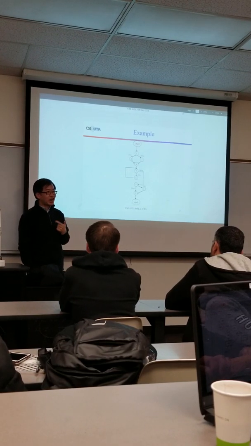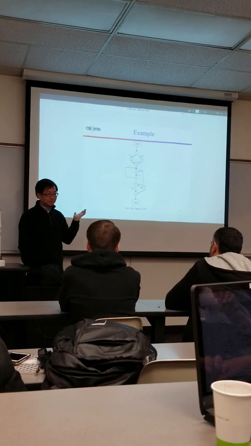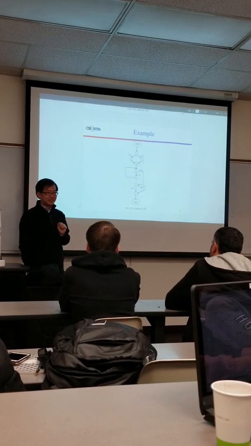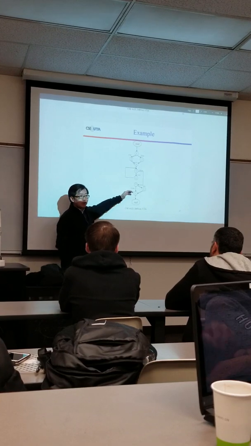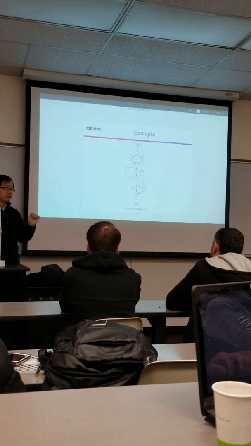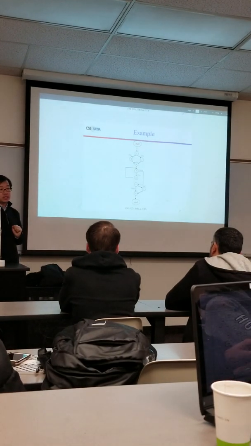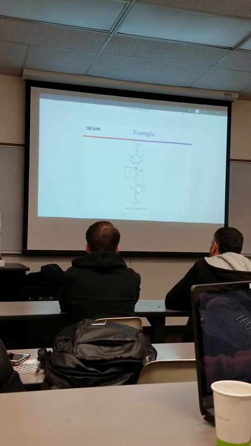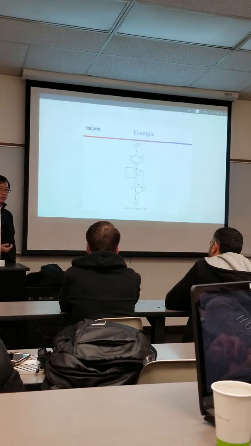Because of the property of basic blocks, if you execute one statement in the block, you execute all of them. So you only need one flag per basic block, and that significantly reduces the runtime overhead. Basic blocks are used a lot in static analysis of programs because they reduce the amount of information you have to process.